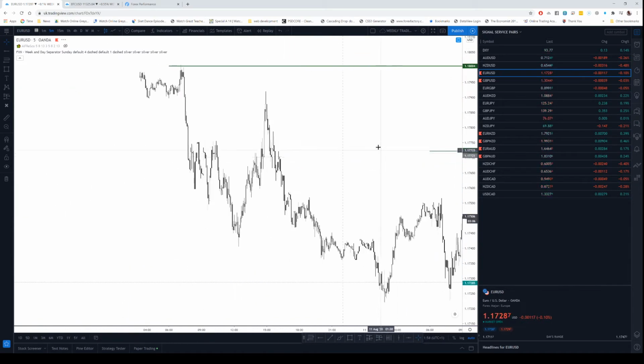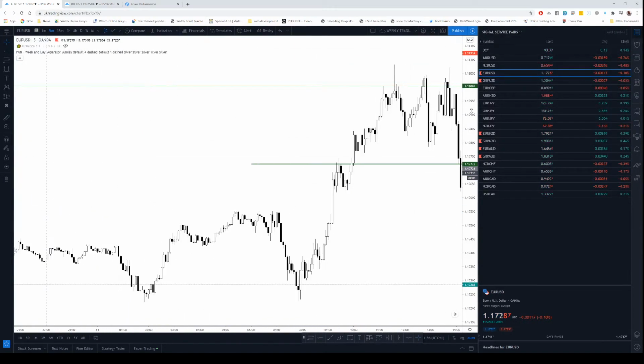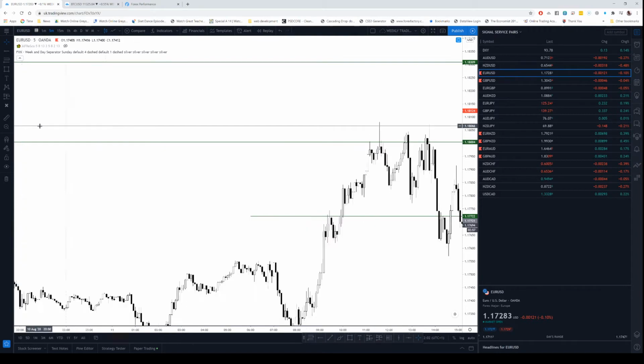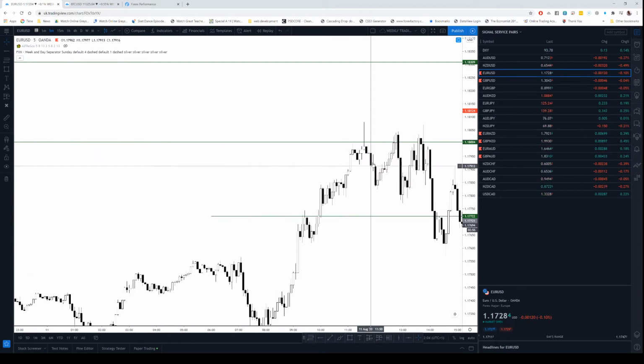What happened with my scalping yesterday was right in here, we did have a run above this high and a run above that 4-hour level, and we rejected. So in here I did go short, up there with my stop here. That's where I placed my stop.